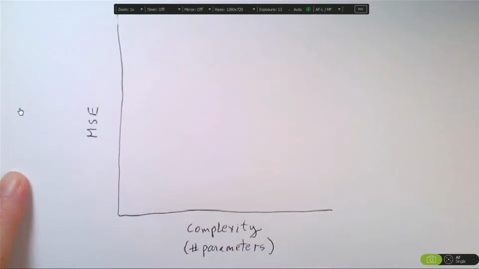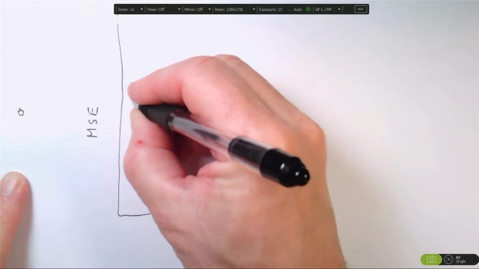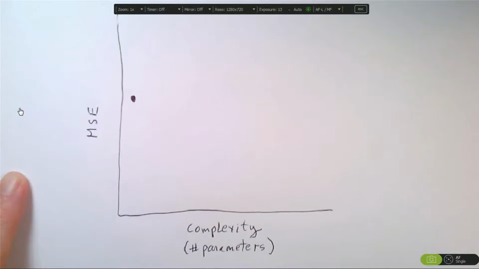Now, on the training data set, our models may start out performing not very well because they are not sufficiently complex to represent the structure in the data. So when the model is too simple for what's going on in the data, the model will fundamentally suffer from a substantial amount of bias, and it won't be able to perform very well.